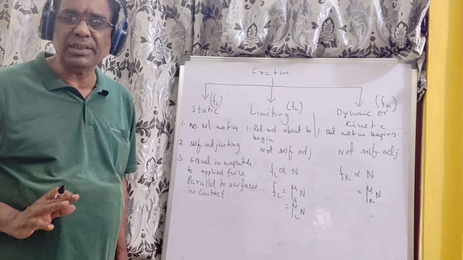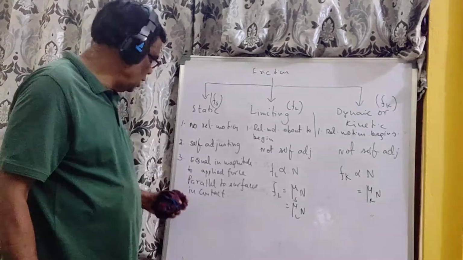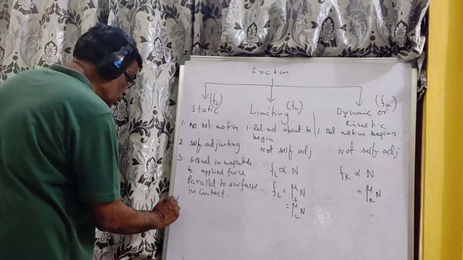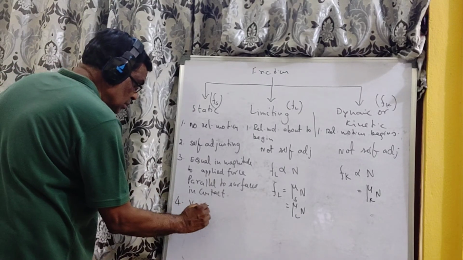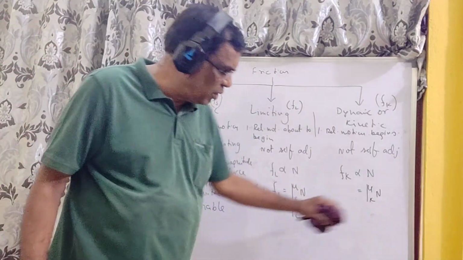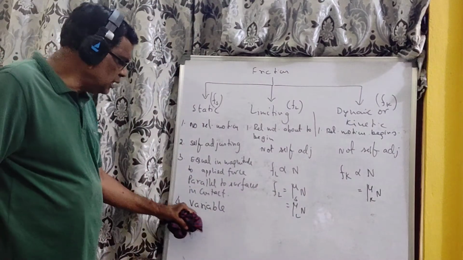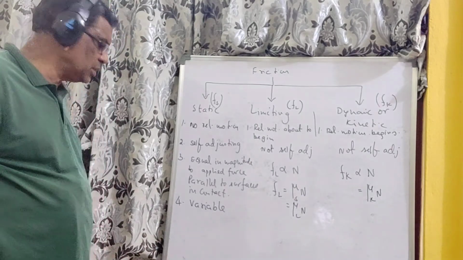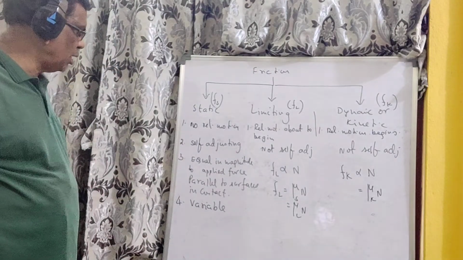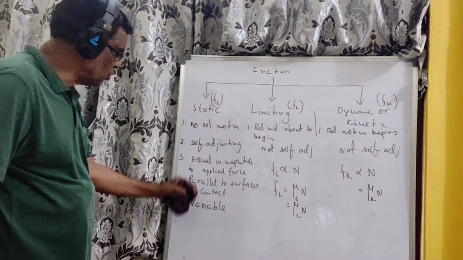Now, this is very important. I'll give you various examples of static frictional force. But one thing which you should remember is, it is always a variable force. It's not constant, whereas for a given normal force, this is constant. This doesn't depend on the normal force. Okay? So it's a variable force, self-adjusting force. Right. So you got about 4 points in statics.